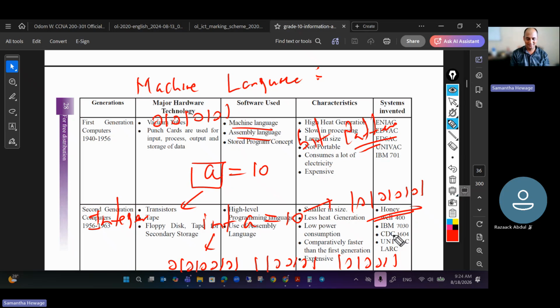What's that? I don't remember. Can you remember ASCII code? ASCII. This is in your syllabus. This is in all level, grade 11.